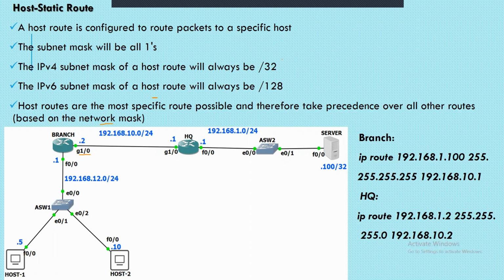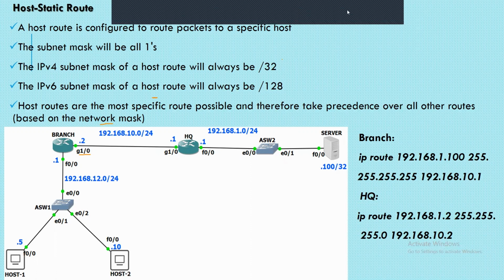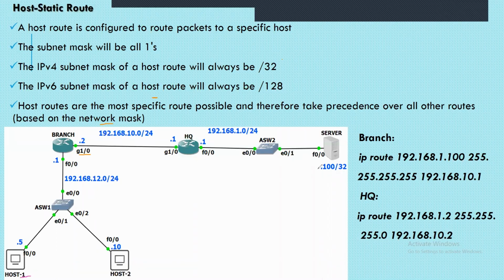So for the first lab, we were dealing with the network route from one network to another. Then within the network, we have hosts. But now for the host static route, we have to specify the host, like the server. Like here now, to access this host, I want to specifically configure our routers for this server.